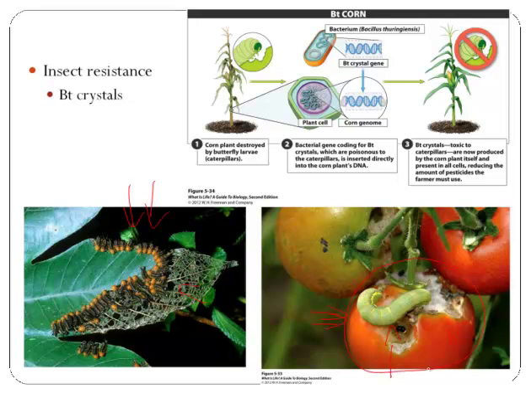So another alternative is to give the plants extra information to make them resistant to the insects themselves. We do that using Bt corn or Bt crystals, and Bt stands for the bacteria that normally is found in the soil. So normally down here in the soil you'd have the bacteria that produces Bt and makes it so that the insects don't eat the bacteria in the soil.